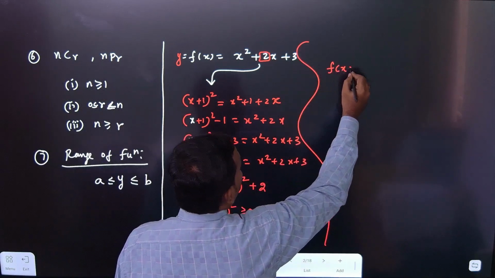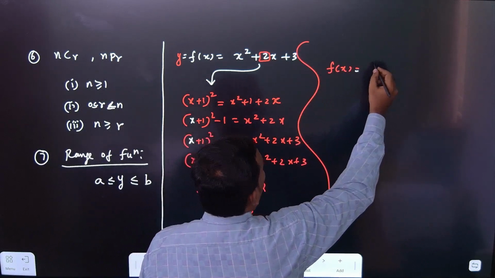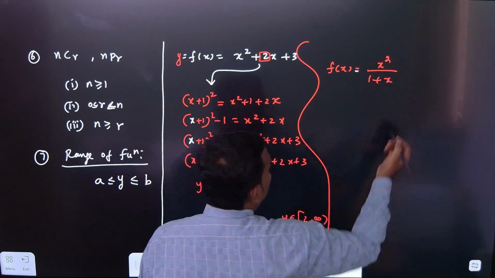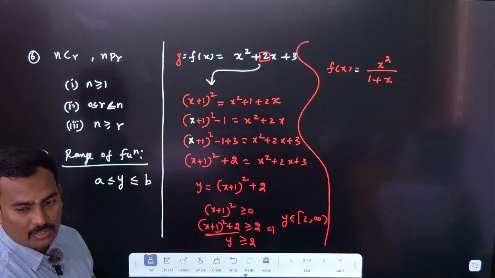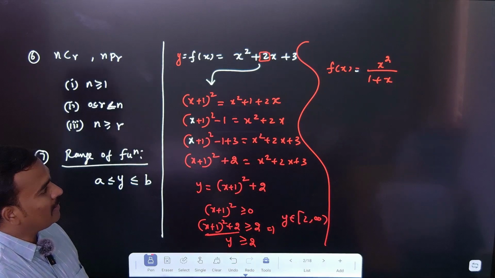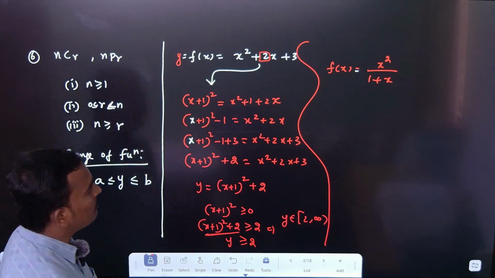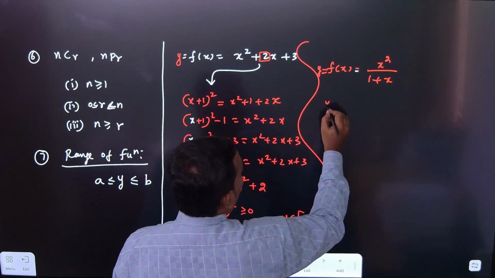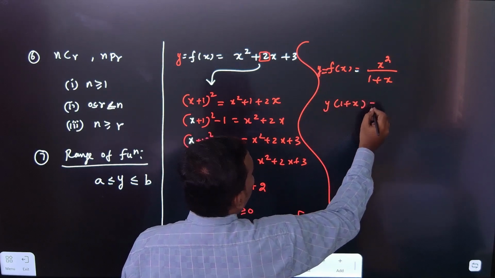Let's take f of x equal to x square divided by 1 plus x. How do we find the range of this function? Whenever this kind of question comes, you keep this as y, then cross multiply: y into 1 plus x equals x square.